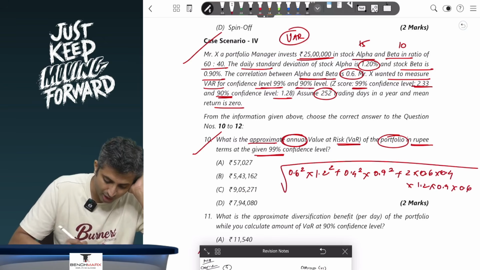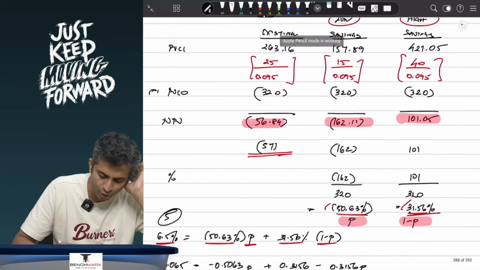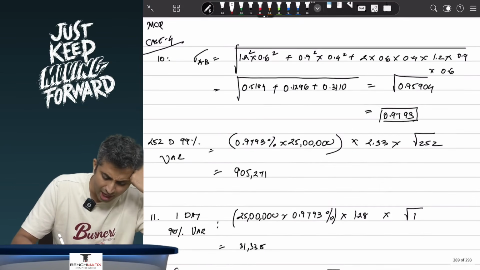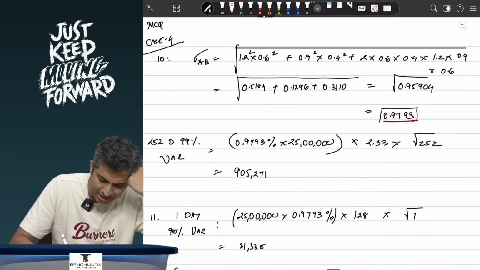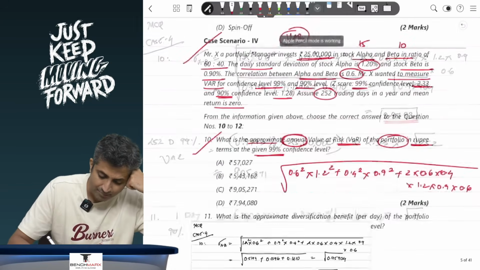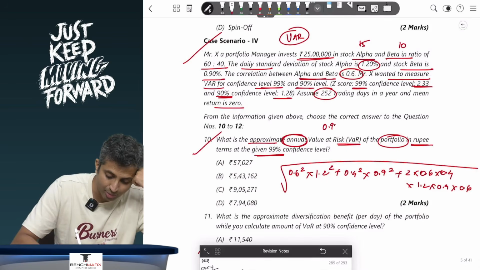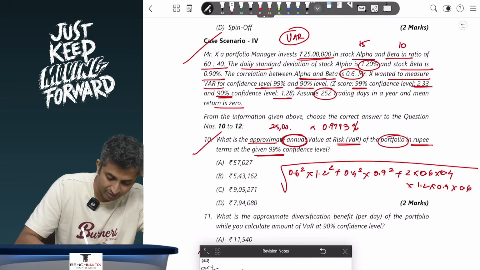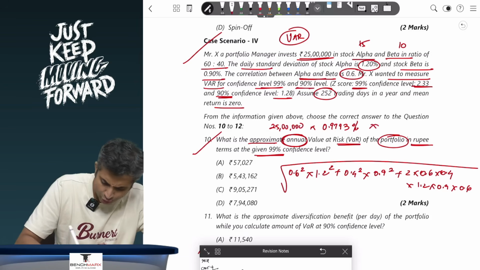And if you do the square root over here, you will get the portfolio standard deviation, I believe, at around 0.9793. So this is portfolio daily standard deviation, 0.9793%, into the value of the portfolio, which is 25 lakhs. So this is the daily standard deviation into, let us say, the Z value.